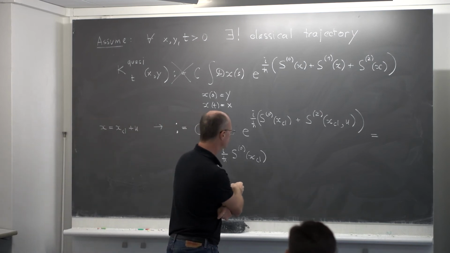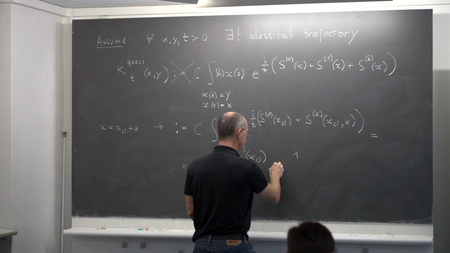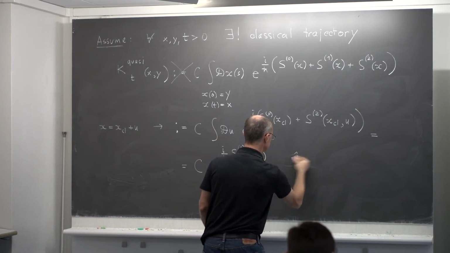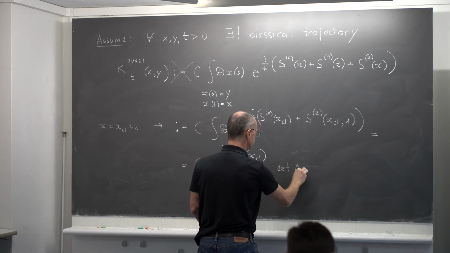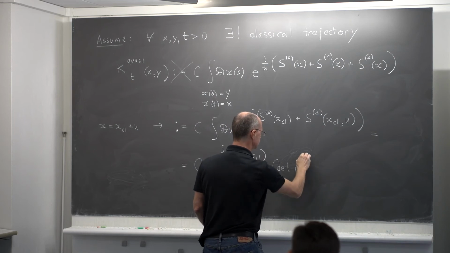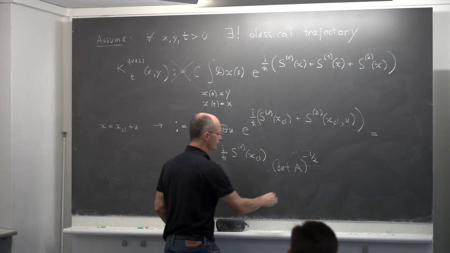And here we'll have a priori the determinant of some operator A to the power minus 1/2.